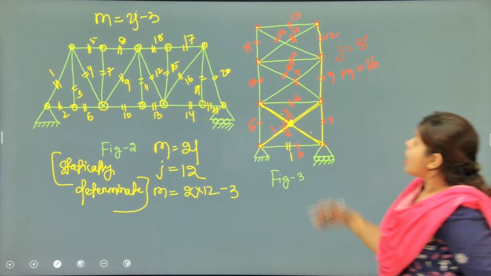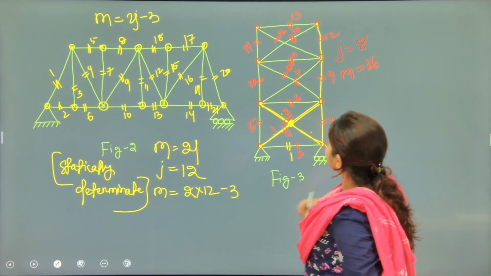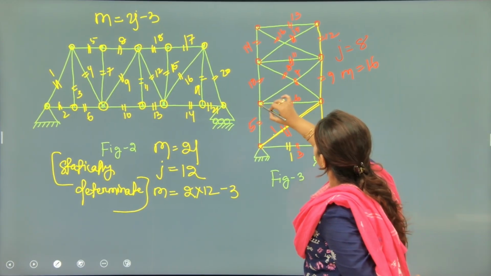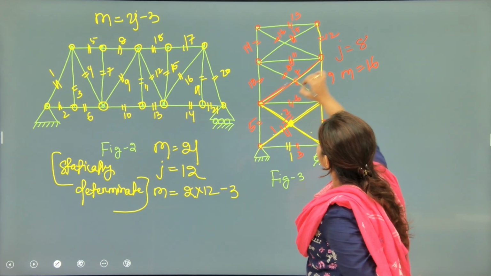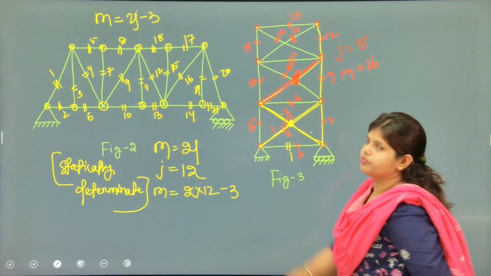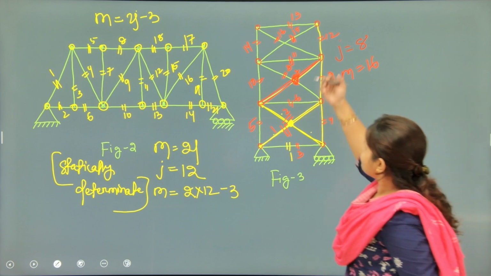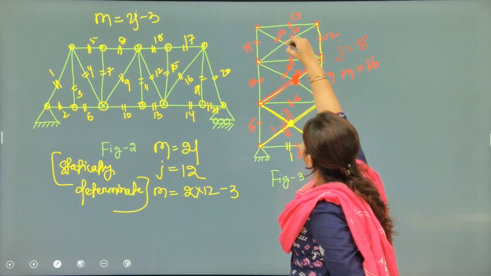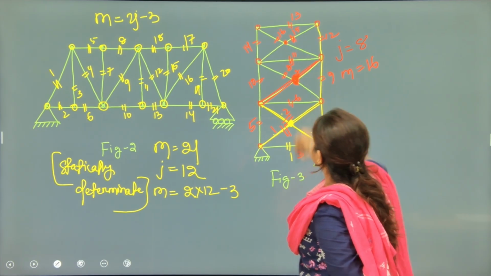So now how do we know whether the number of members will be the same or different? You will consider this as a single member if it doesn't have a node here. In case of an exam, if the exam has this type of question, they will put a node. Okay, the nodes are shown properly.